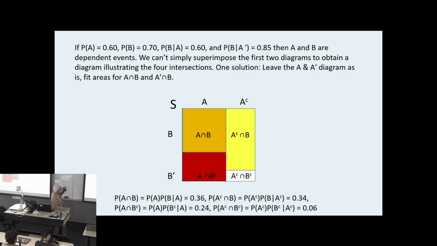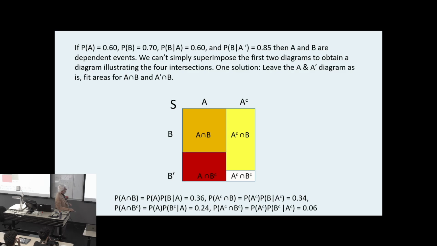So I'm going to tell you the probability of B given A is 0.6, and the probability of B given A complement, I've got another little one to switch, is 0.85.